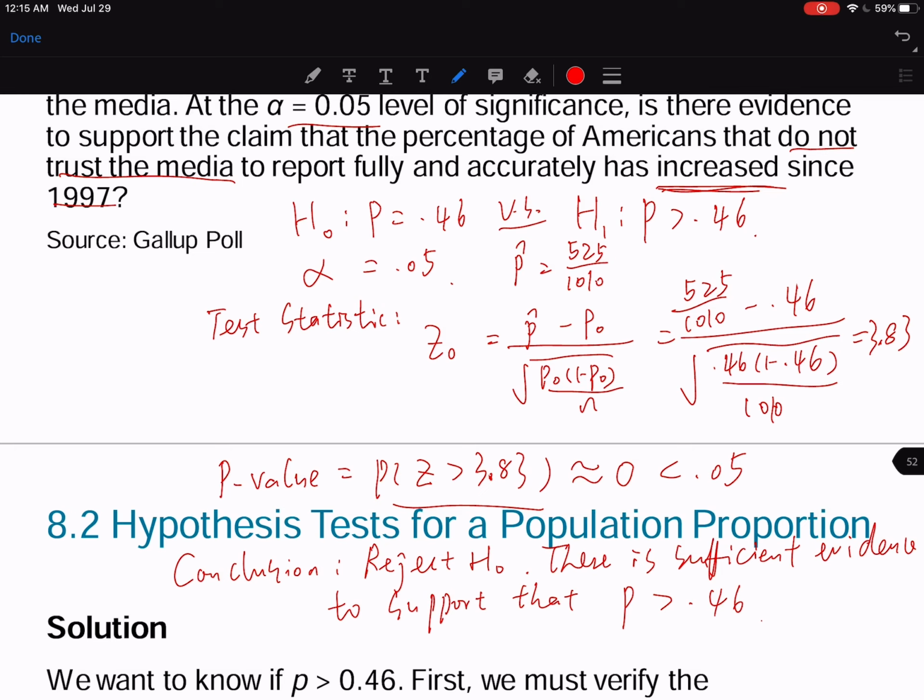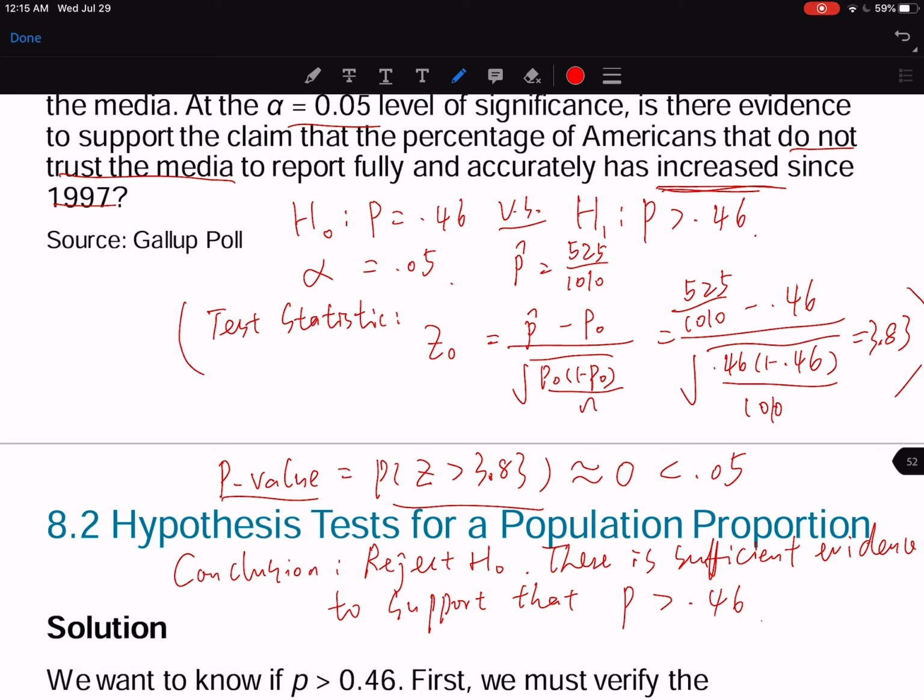So of course, that's how you do it by hand, okay? Of course, if you have a TI-84 or TI-83, you can get the p-value from the calculator directly. So in that way, you can skip this part.